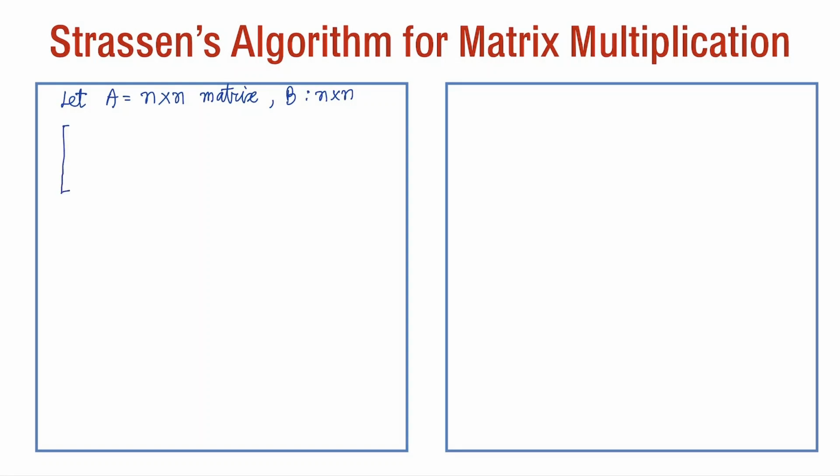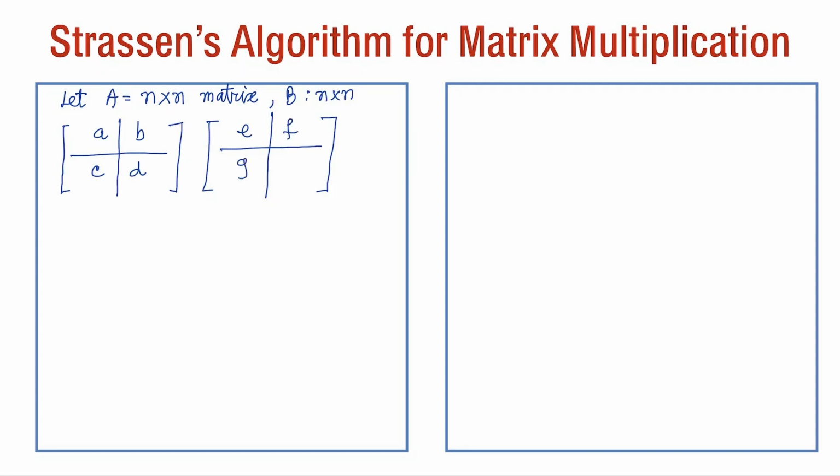So if we apply the traditional divide and conquer technique, then we will break A up into 4 parts, and break B into 4 parts. Let us say this is A, B, C and D, and this is E, F, G and H. Then the final result of this matrix multiplication would be the following.